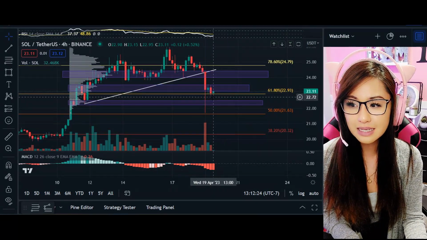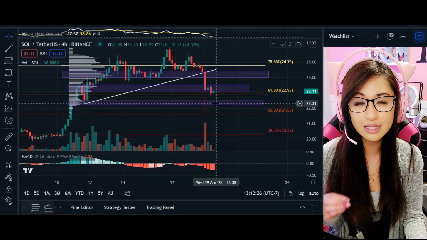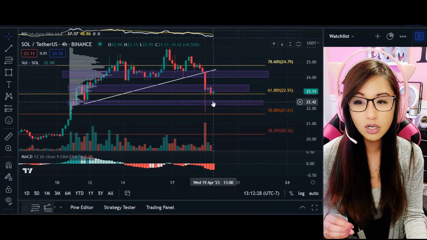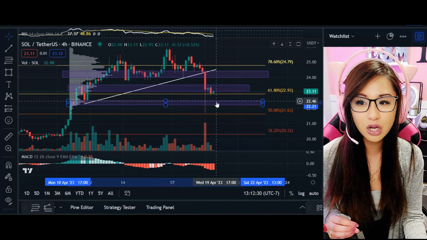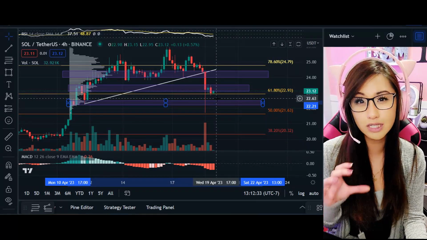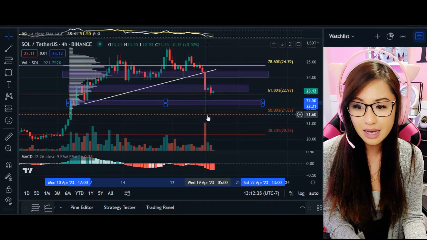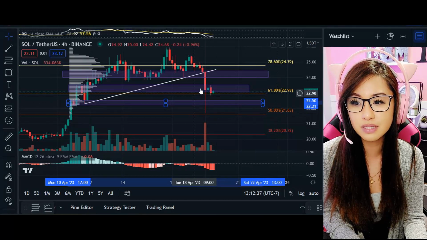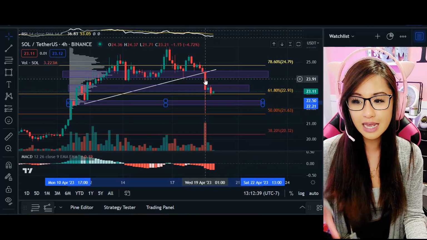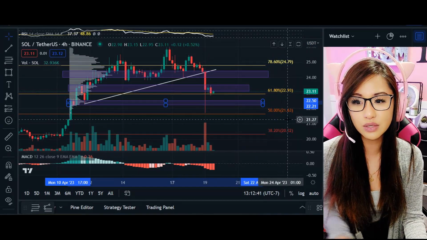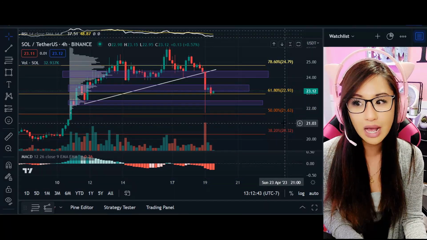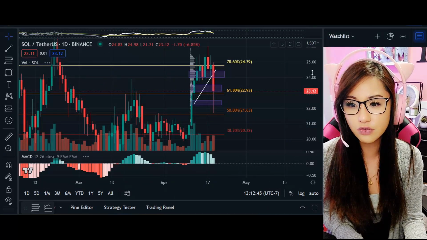We may see it continue to go down, and depending on whether it grows stronger, the price may not even go into this level and hold into the supply. It may come down and retest the 50% that we saw earlier today at $21.63. So those are my targets here for Solana.